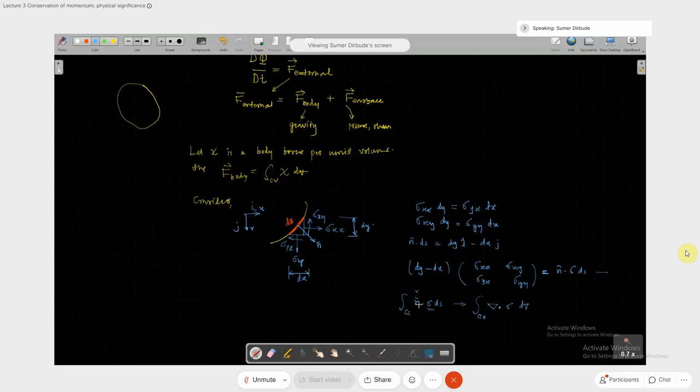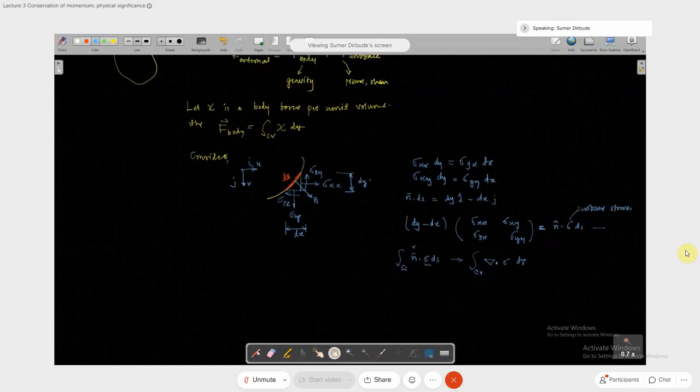So the integral of n dot sigma ds: sigmas are nothing but surface forces, surface stresses. Stress happens at the surface. So you can write F surface is equal to the integral over the control volume of del dot sigma dv.